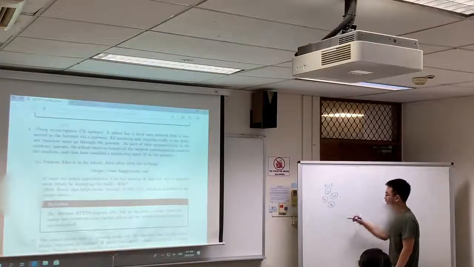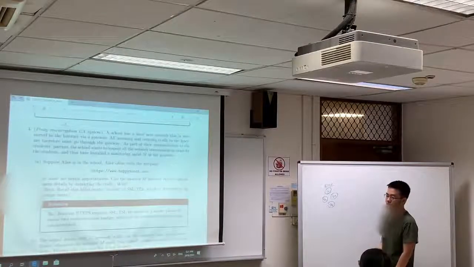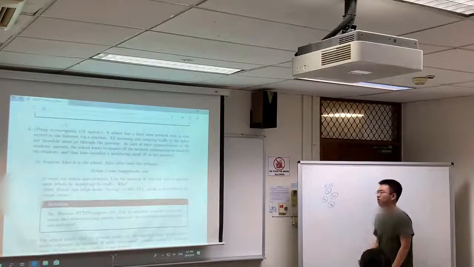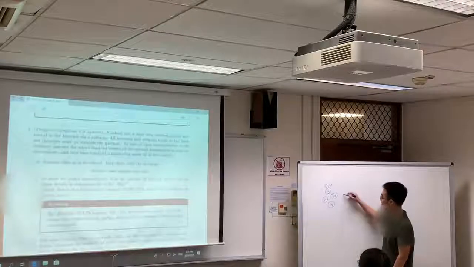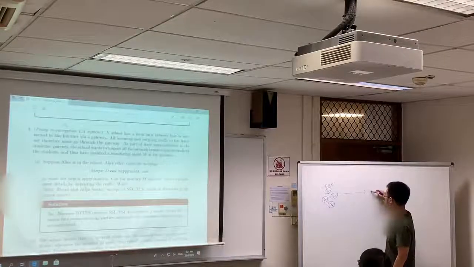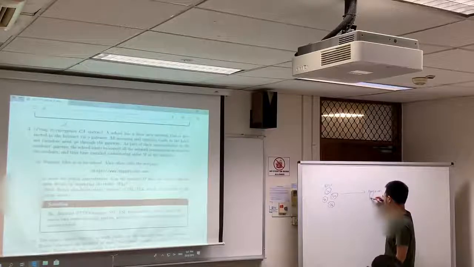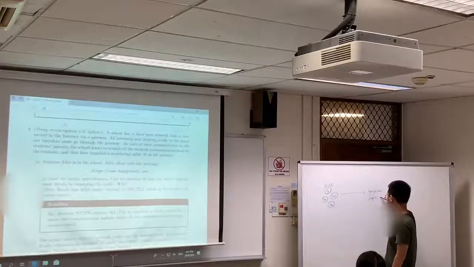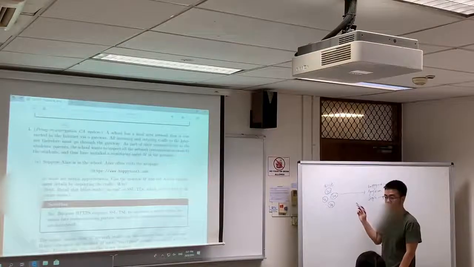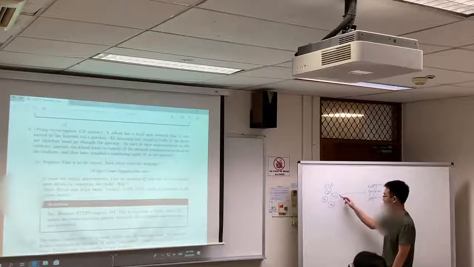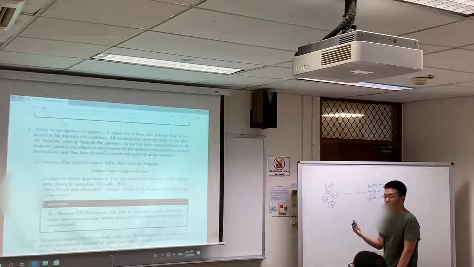When these students want to go surfing on the internet, they have to go out, right? For example, if they want to go to Google, they have to send the network package to the Google website, right?